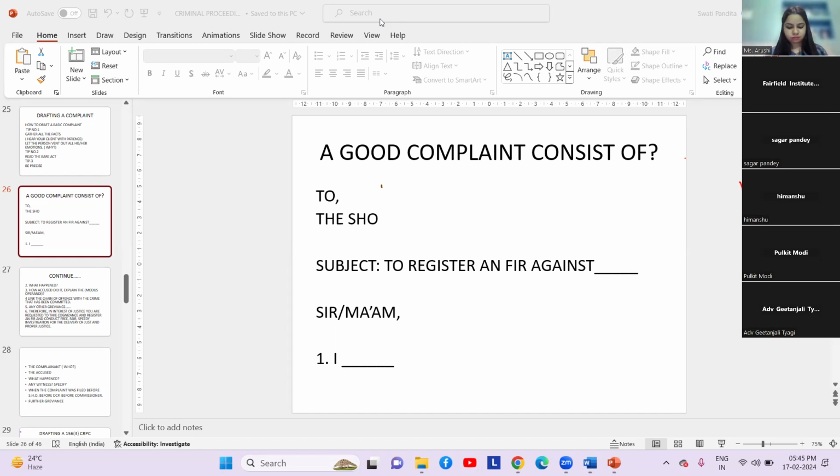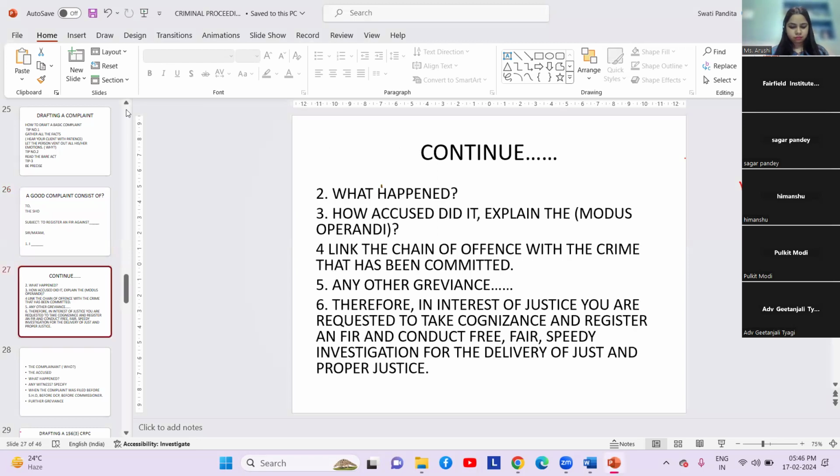You have to provide everything to the thana so that they can talk. Otherwise, if you will not give all the information, they are very lazy, they won't go. So if you have given the phone number, the email, they will actually try to communicate. Then you will write, sir, ma'am, whoever that person is.